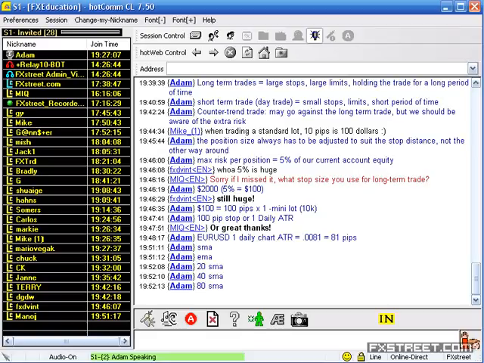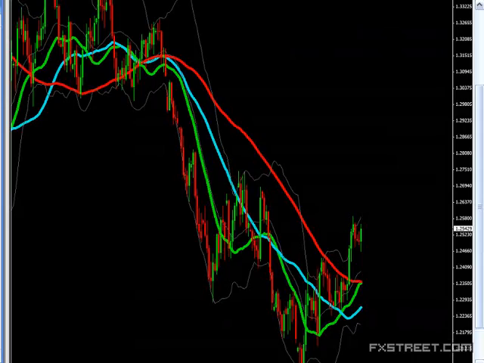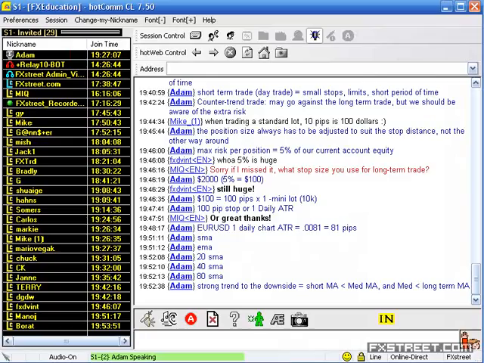Now, a strong trend to the downside occurs when the short moving average is below the medium moving average and the medium is below the long-term MA. Strong trend to the upside, just reverse it. The short is the 20, the medium is the 40, the 80 is the long-term.